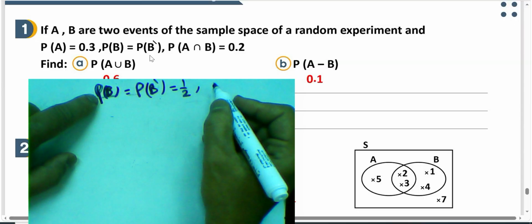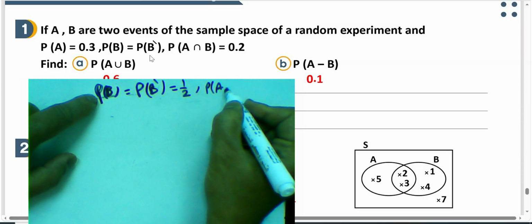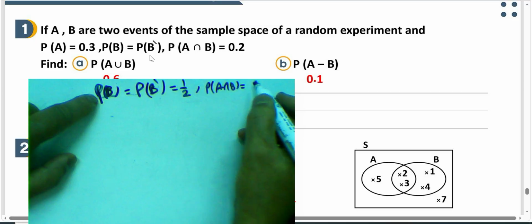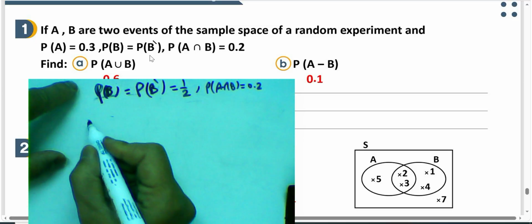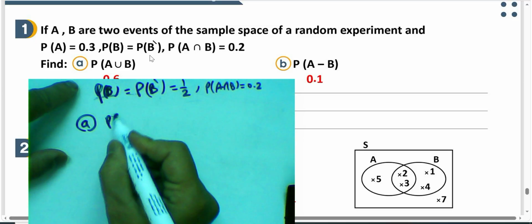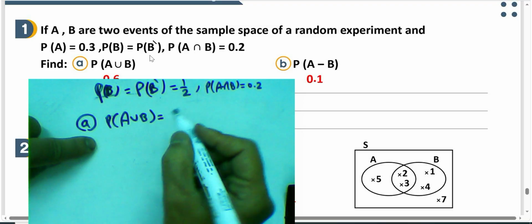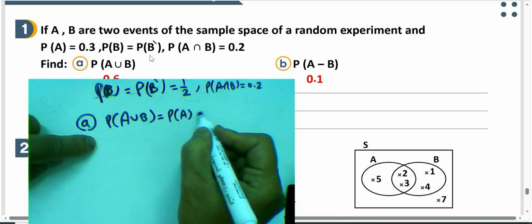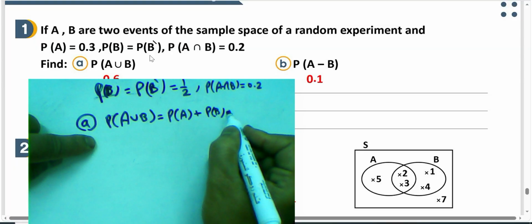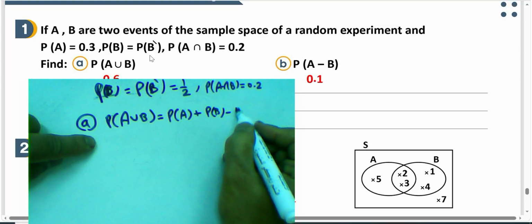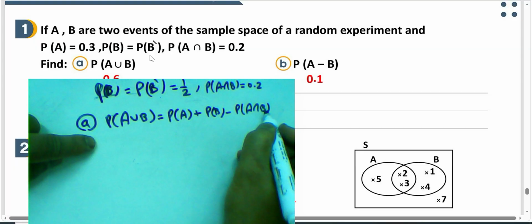He also gives you that the probability of A intersection B is 0.2. He wants to find the probability of A union B. A union B, we can write as the probability of A plus the probability of B subtract the probability of A intersection B.